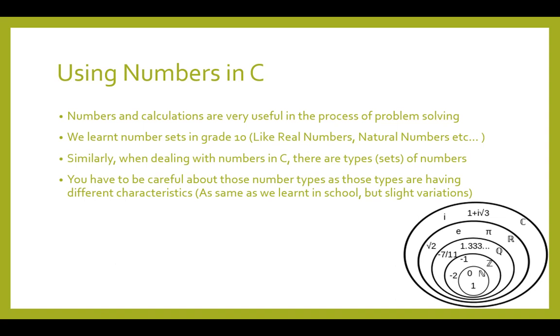So similarly, when defining a variable in C programming language, you must specifically say what type of data or what type of values you are going to store in that particular variable, whether it's a whole number or a fractional number. There are more selections. It's not just integer or float.